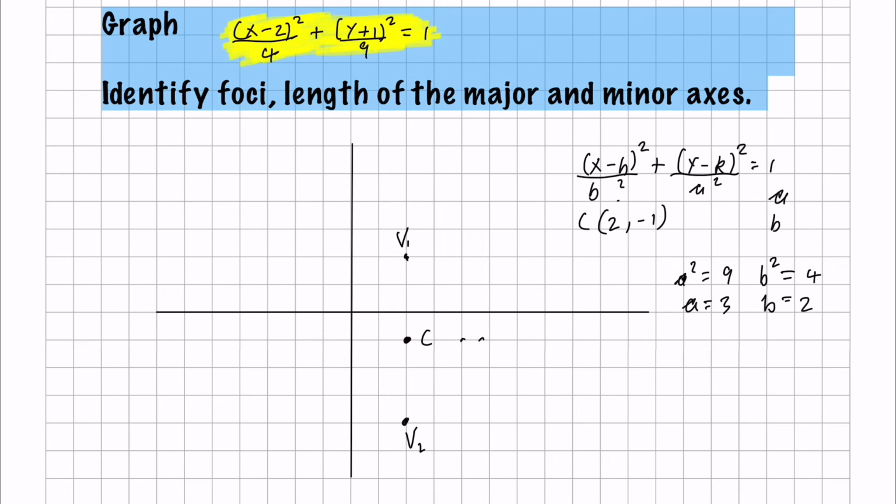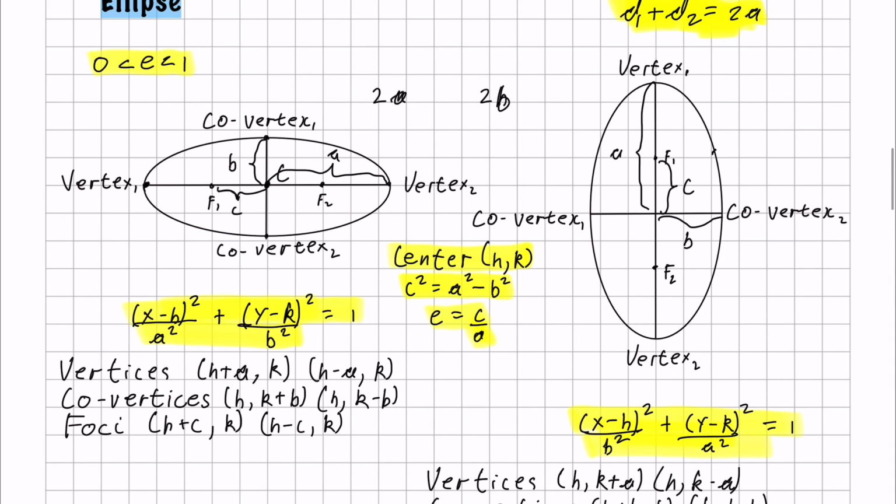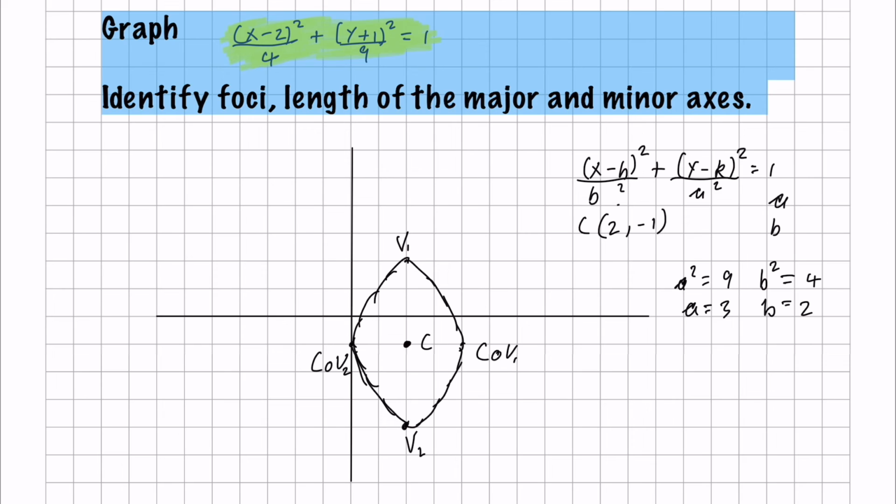This is co-vertex 1, and then going left 2 gets us co-vertex 2. Now we just connect them. Just imagine this is an ellipse. Ellipses are hard to draw by hand. Imagine you're just looking at this right now. This is it. I'm not really good at drawing.